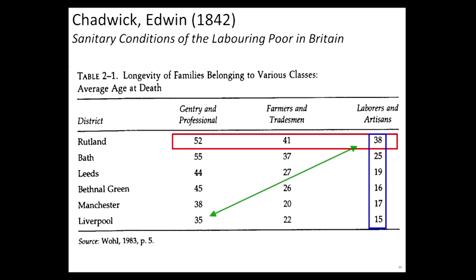What's interesting is the dynamic between the place and the social class. The dynamics between the place, the context, and the social class, which tells me my own individual-level socioeconomic circumstance, is that in Liverpool, the highest social class has lower survival chances than the lowest social class in Rutland.